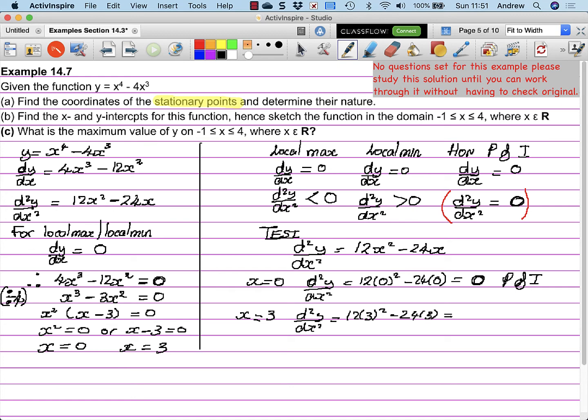So 12 on 3 to be squared minus 24 bracket 3 close bracket is equal to 36. And 36 is greater than 0. So because 36 is greater than 0, we've got d2y by dx squared is greater than 0, which means it's going to be a local minimum.